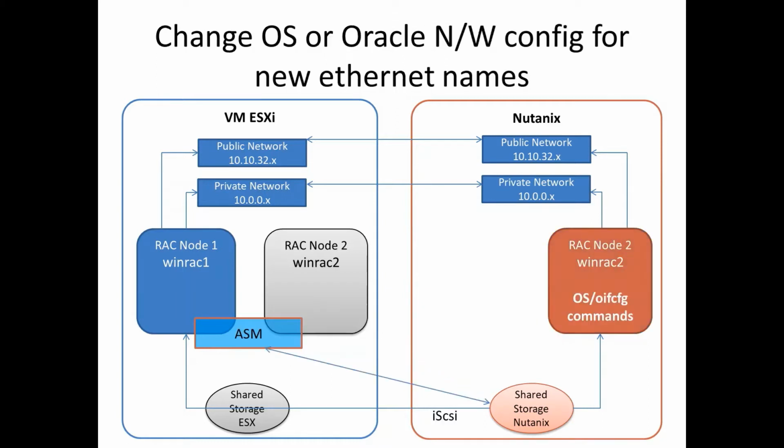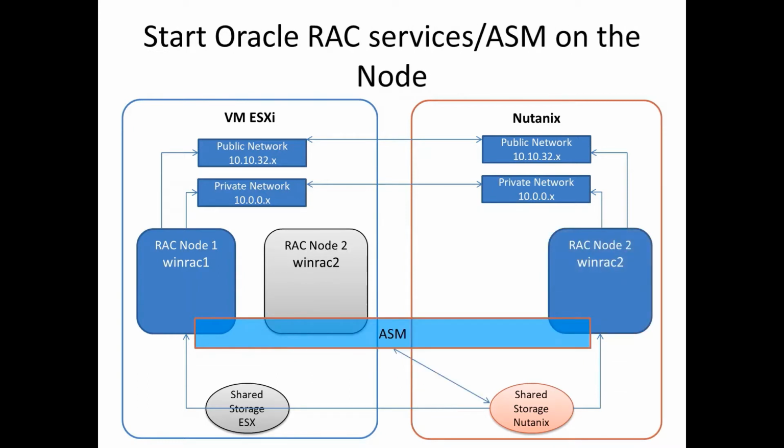Once you remap it, you can establish the connectivity between the Oracle RAC services. So you can start up the Oracle RAC services, and once you start up the CRS services, then automatically the ASM and Oracle, like in my case, ORCL is my database, will come up. If you have multiple cluster databases, all those databases will start coming up, and the listener and all the services.